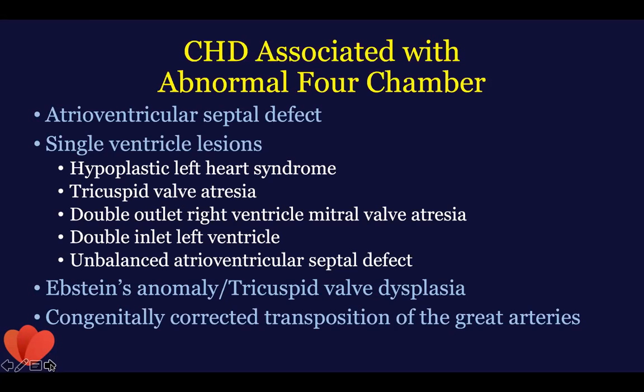Tonight we'll talk about hypoplastic left heart, tricuspid valve atresia, and double inlet left ventricle, Ebstein's anomaly or tricuspid valve dysplasia, and congenitally corrected transposition of the great arteries. So those are the ones that we will review tonight.